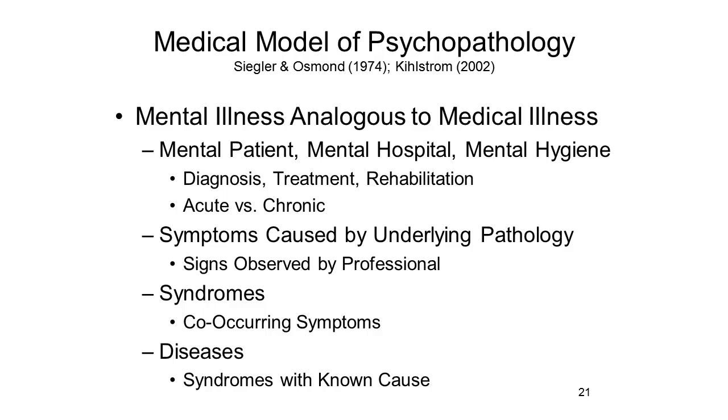Thus, we speak of mental patients with mental illnesses that are associated with a particular etiology or origins, course, and prognosis. These mental illnesses are treated in mental hospitals, which also have rehabilitation programs for the chronically mentally ill, and programs of mental hygiene to prevent mental illness from occurring in the first place.